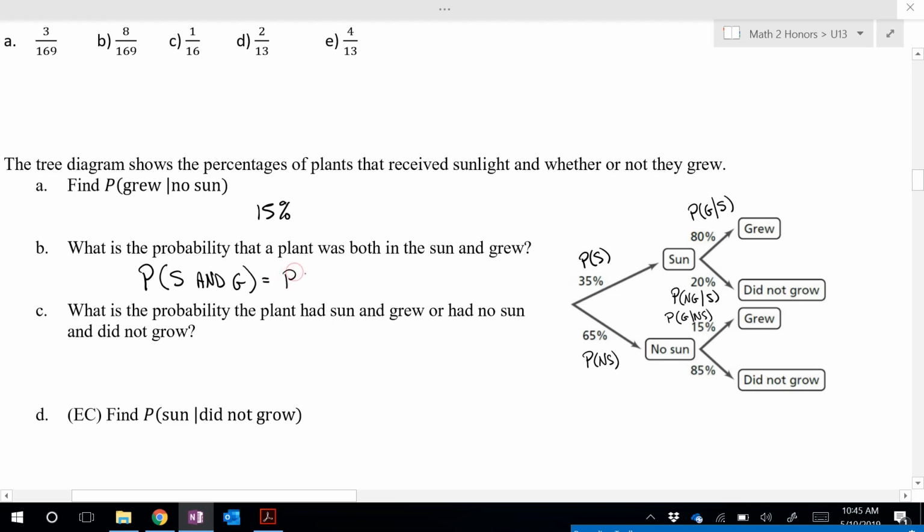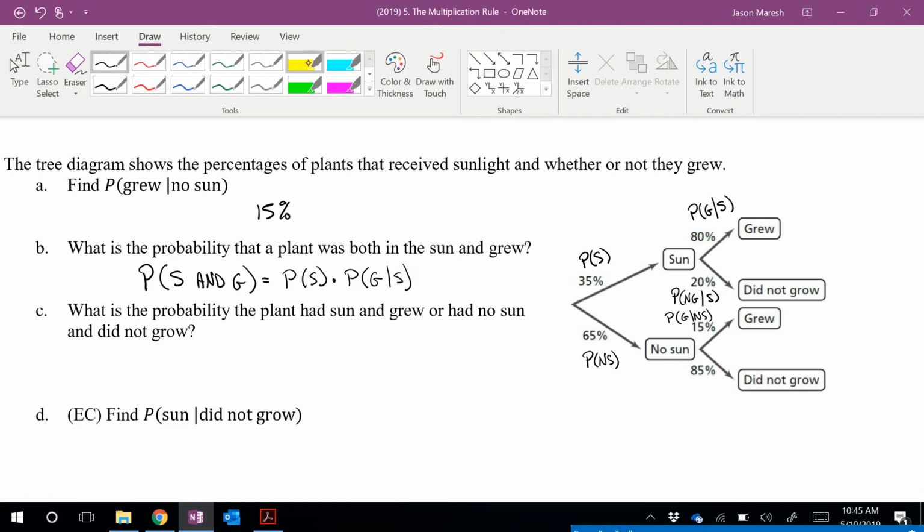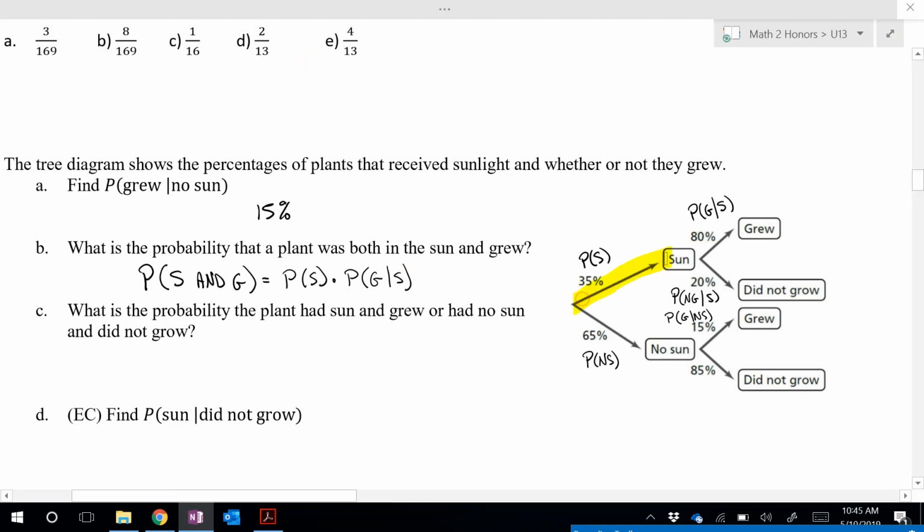Probability of sun times probability of G given S. So if I want to find both of these, I need to multiply those two numbers together. Which makes sense, right? A little bit, maybe?